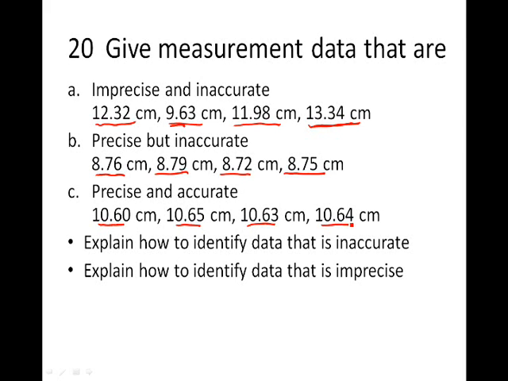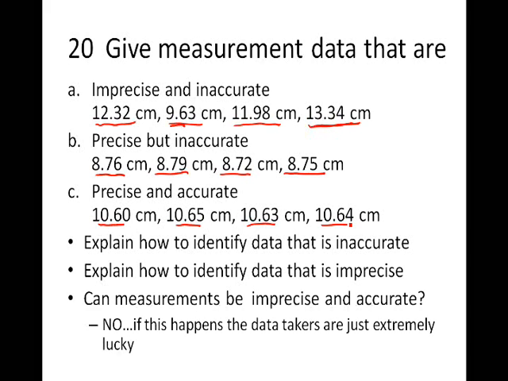They are closely grouped, so they are precise, and they're close to the accepted value, so they are accurate. Percent error would be very low. Percent error is a measurement of accuracy. Can a measurement be imprecise and accurate?